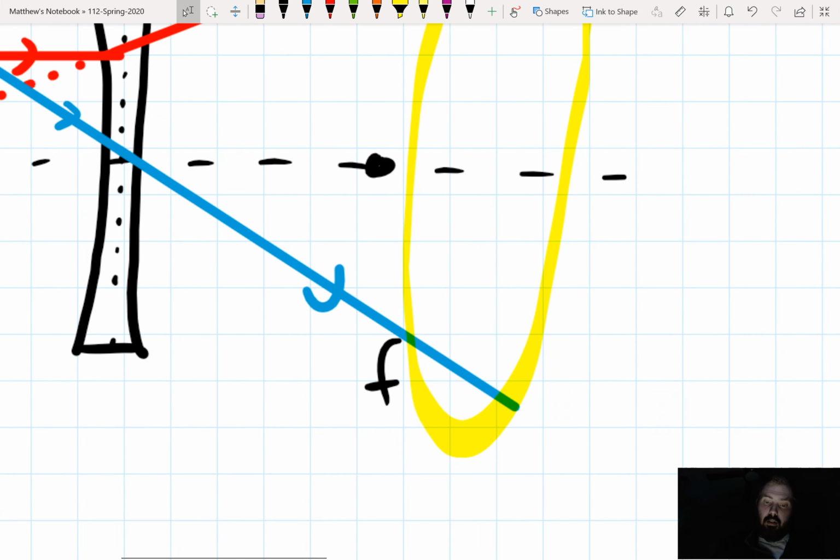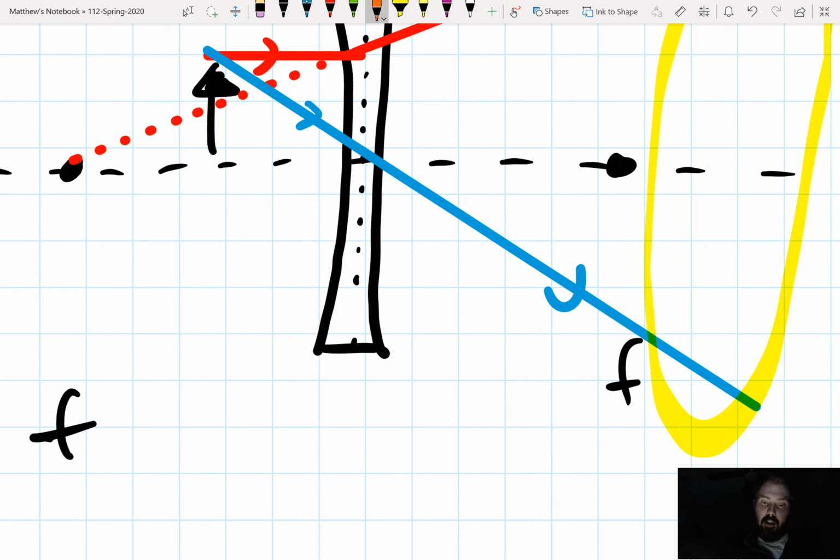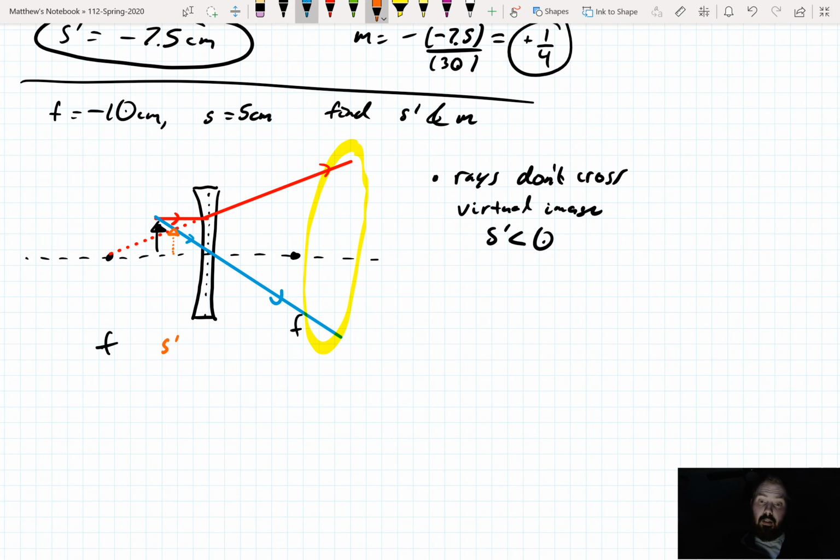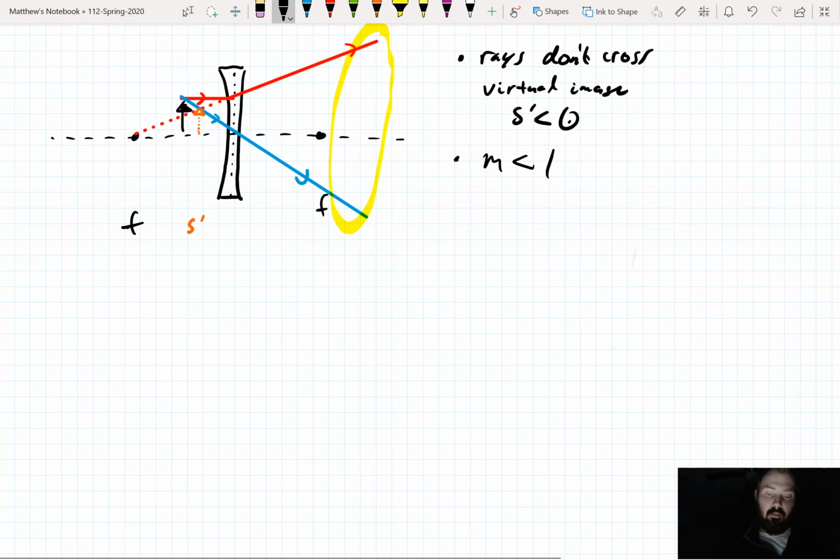Let's zoom in. It's right here, so there's S prime. Therefore, we expect S prime is less than 0, less than the focal length in magnitude, and that M is still less than 1, upright but a shrunk-down image again.